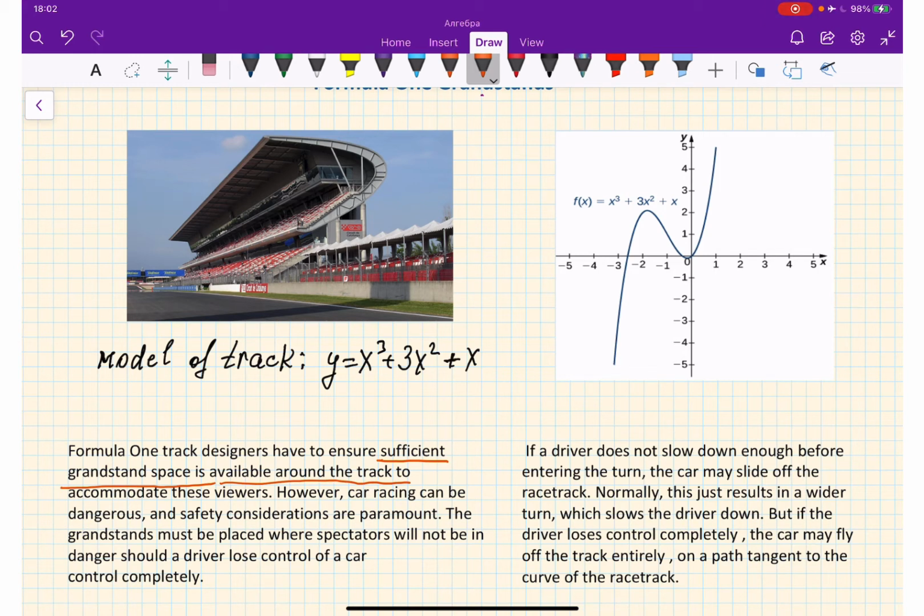The other one is safety, because car racing is dangerous and safety considerations are paramount. Why? Because the grandstand must be placed where spectators will not be in danger if the driver loses control of the car.